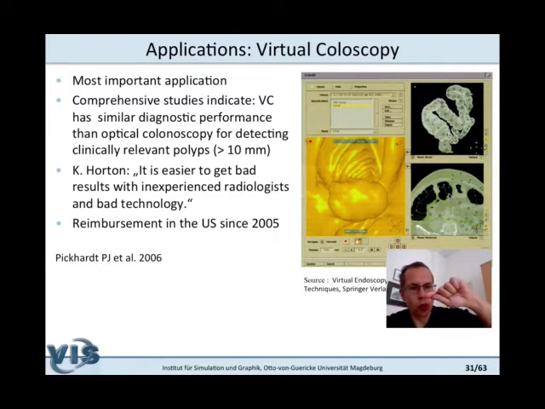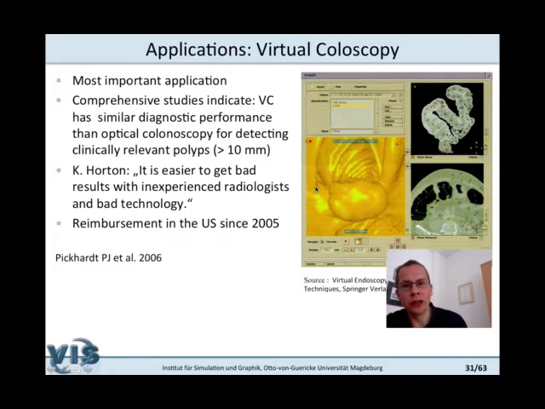You know this logarithmic learning curve that you often have. If you have persons that are on the lower part of their learning curve, then they may get bad results with virtual endoscopy. They may miss polyps, although they are quite clearly visible there, or they may misinterpret something as a polyp that is indeed smaller and probably an artifact.